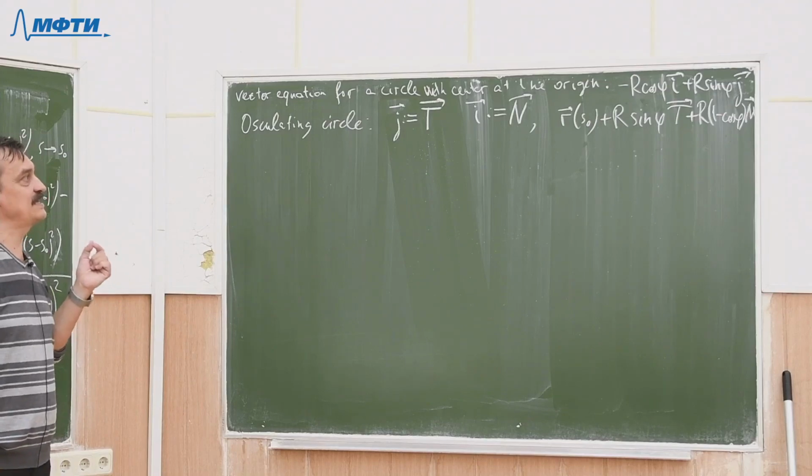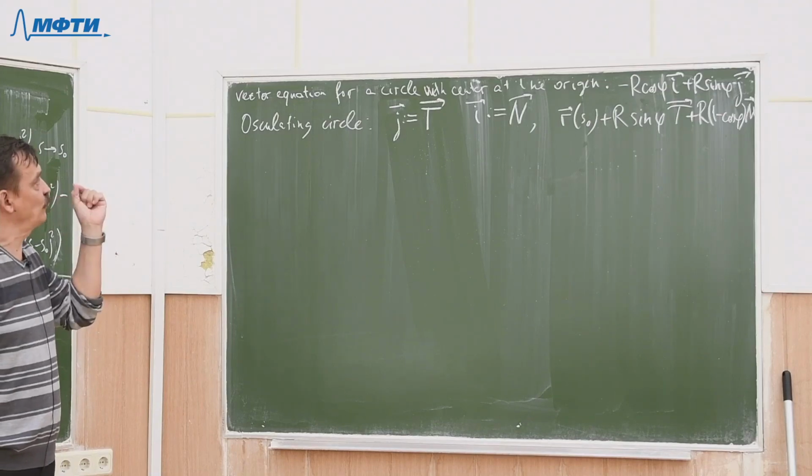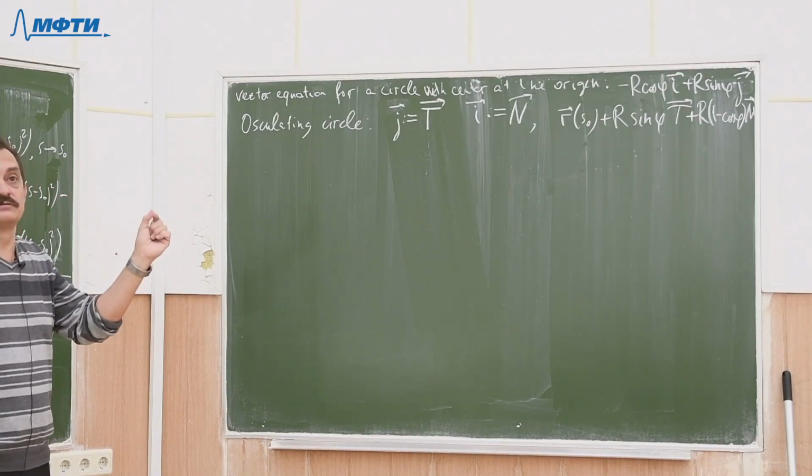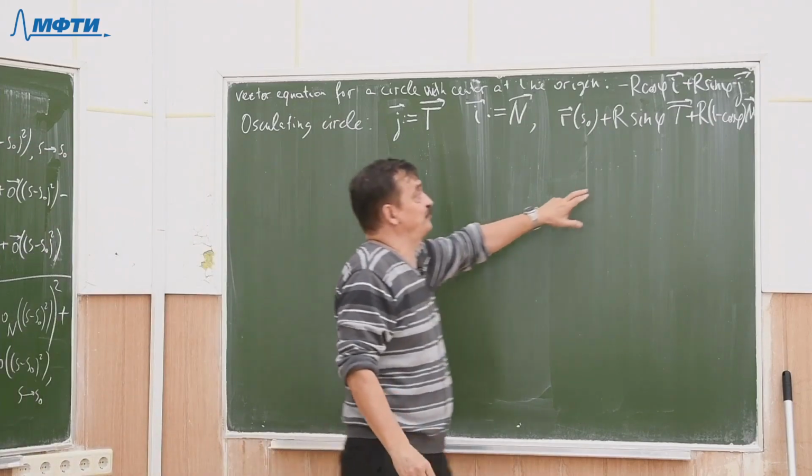That is precisely an equation for the osculating circle in terms of parameter phi.